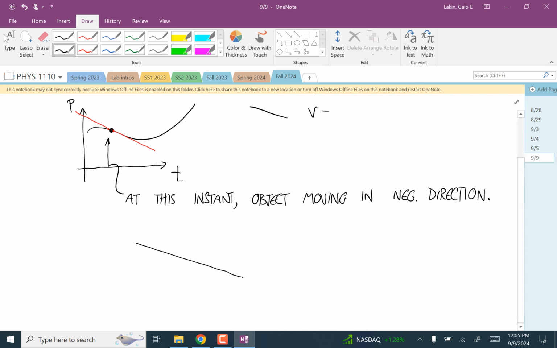You know, maybe it's moving along a line like this. And we would have to know what direction we're calling positive and what direction we're calling negative. So if we knew it's moving along this line and the positive direction was this way, which would mean the negative had to be this way, now we could say, yes, the object is moving in the negative direction because that slope is negative. And that means it's moving this way.